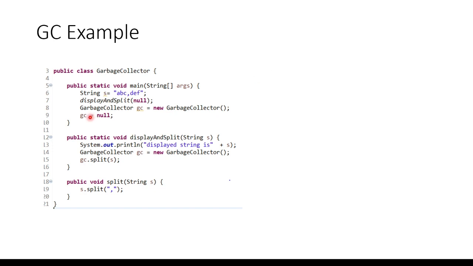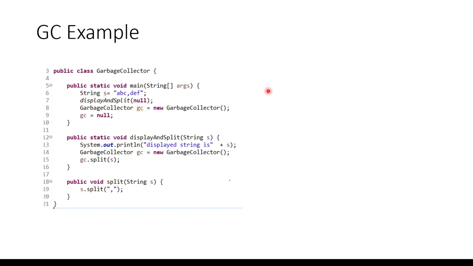Now we made GC null. It means we have an object in heap memory, the object is still present, but there is no link to access it. Previously GC contained the address of that object, but now we made GC null, so the connection between GC and the object is gone.